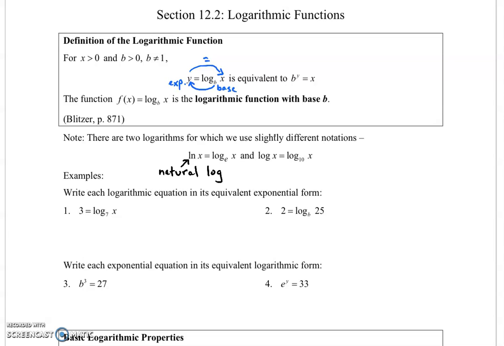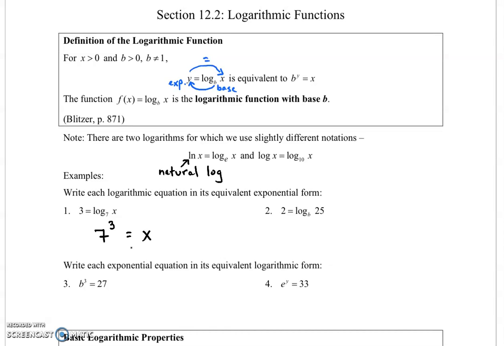So let's practice writing these in their exponential forms. So we start with the base, which is 7. We raise that to the exponent, which is 3, and that equals x.